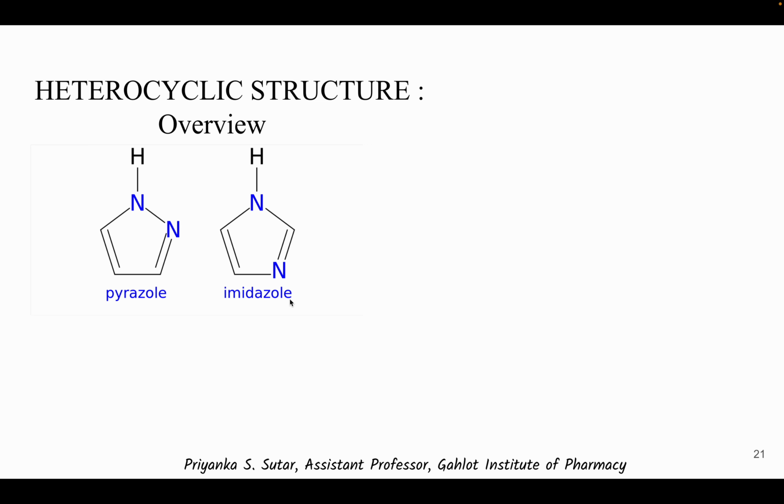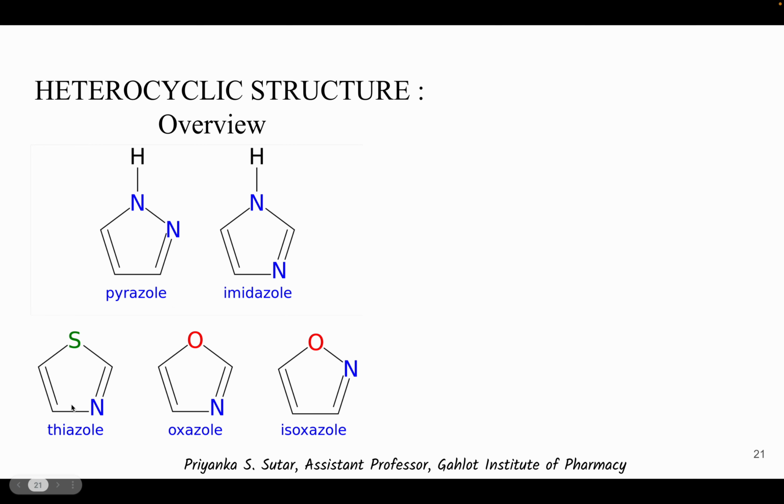So pyrazole and imidazole, both the names are trivial names. These are the structures, again five membered rings, and these two are 1,3 azoles. The heteroatoms are at the first and third atom. Here again heteroatoms are at the first and third atom, whereas in isoxazole the heteroatoms are at the first and second atom.